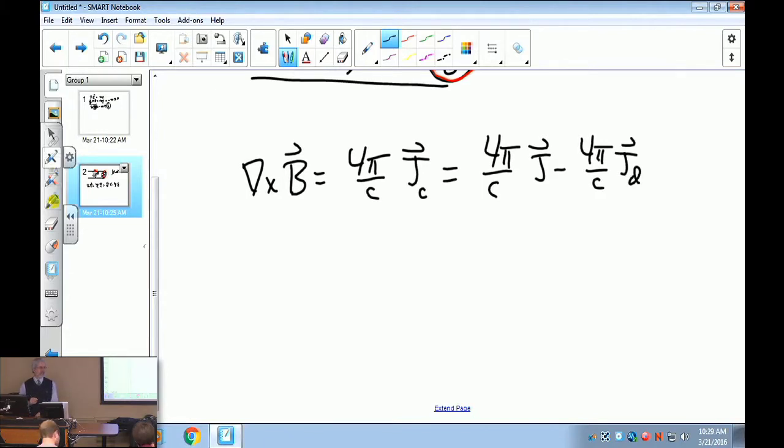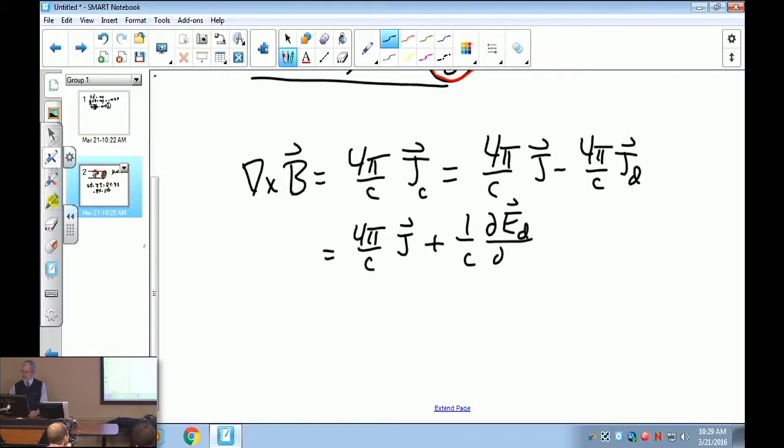Well, that doesn't seem like you've gained anything, except that we just determined that the diverging part of J is related to the time derivative of the electric field. So I can rewrite this in terms of the electric field.